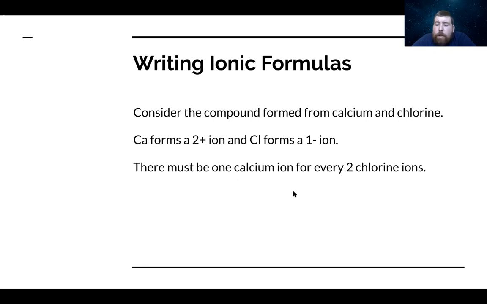And that means the formula is going to look like this, where for every 1 calcium, which still has a 2+ charge, there are 2 chlorines with a 1- charge. We know that 2 things with a 1- is 2-. So 2+ and 2- equals 0. This compound that I've written down here is neutral.